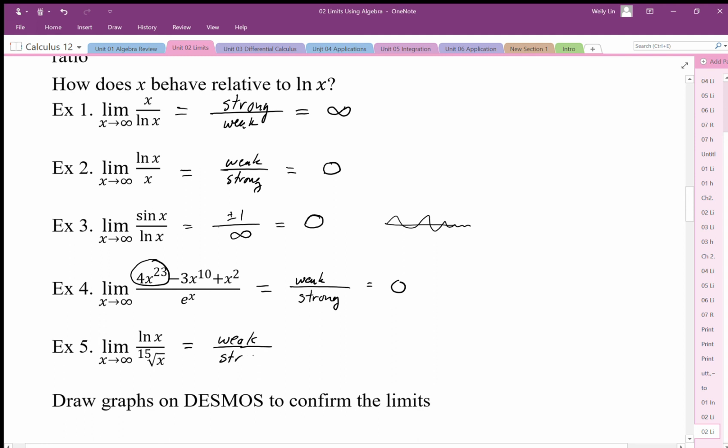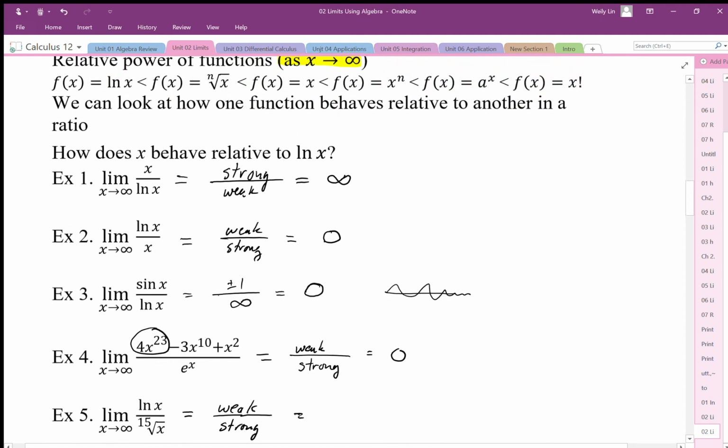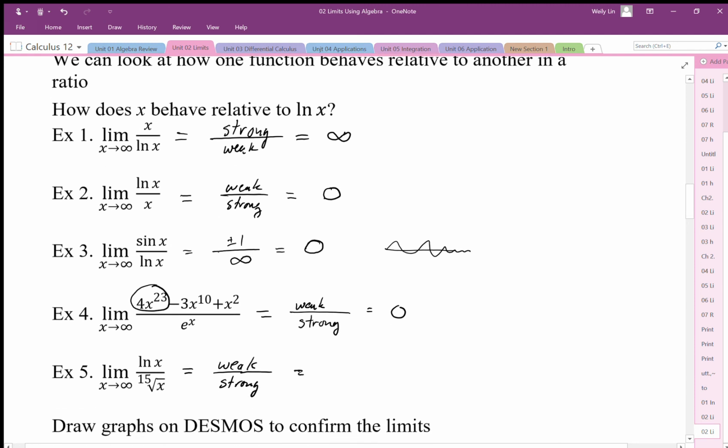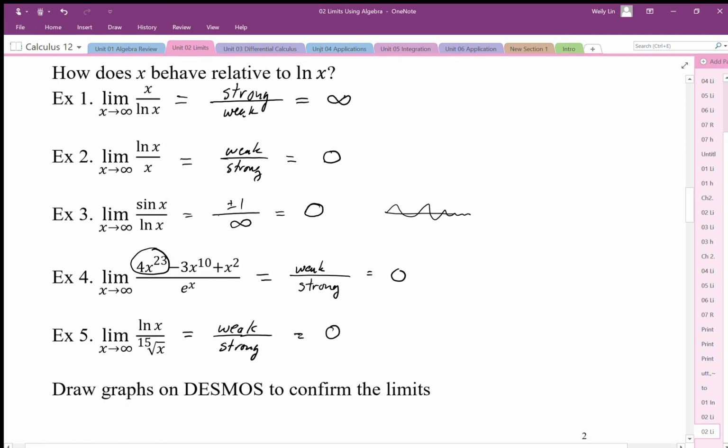Well, in those situations, when we go to infinity, again, I want to stress this is only good for endpoint behavior to infinity. But when we have this situation of weak over strong, we end up with a limit equaling zero. Okay. Now with limits, again, the best way to do limits is to graph them. So we should look at these graphs just to confirm what we got here. So we had infinity for the first one. The rest of them tended towards zero.